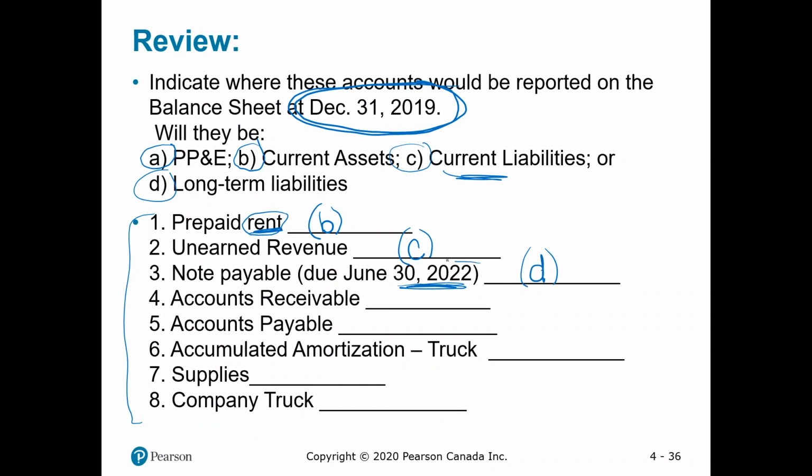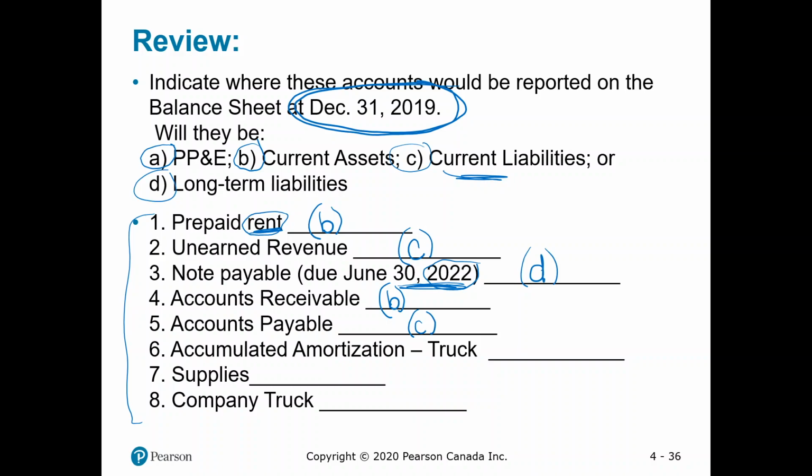We don't have to pay it for 2.5 years, so it's long-term. Accounts receivable is B, a current asset. We're going to collect that within a year. Accounts payable is a current liability, so C, because again, we're going to pay that within 12 months or a year.